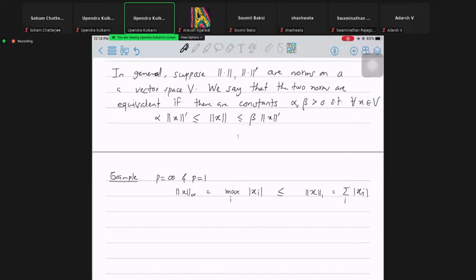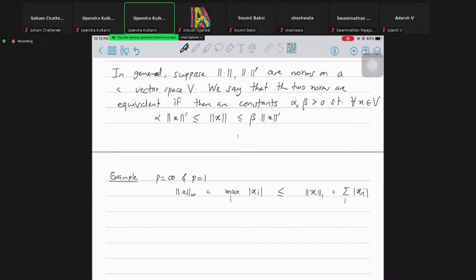But notice what is happening over here. I would like to have an inequality where each one of the norms dominates the other up to some constant multiple. So I have an inequality in which the one norm is greater than the infinity norm. Can I have something the other way?